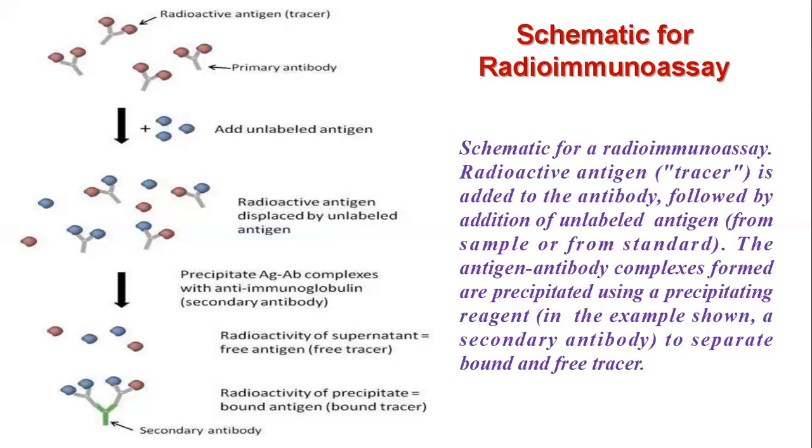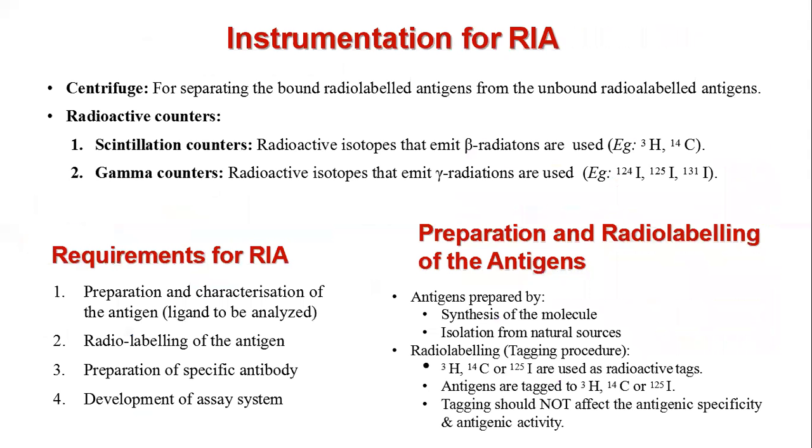So you get a precipitate containing the secondary antibody and the primary antibody conjugated with unlabeled antigen, and maybe a few labeled antigens. In your supernatant you have your free tracers, the labeled antigen. That labeled antigen in the supernatant is what we have to determine, by measuring the radioactivity of the supernatant.